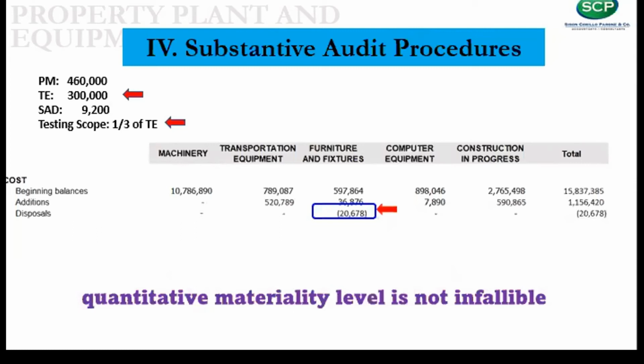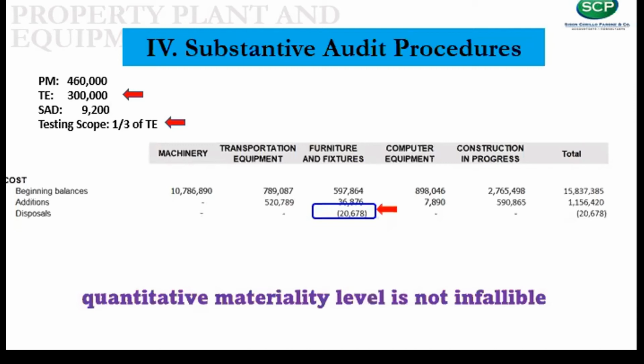For material disposals or retirements of assets, for example, when there are material assets disposed during the year, we should examine supporting documents such as sales agreements, official receipts, and other similar documents to verify the occurrence of the sale and the sales price. We should also recalculate the related gain or loss on sale, including the taxes due, if any.